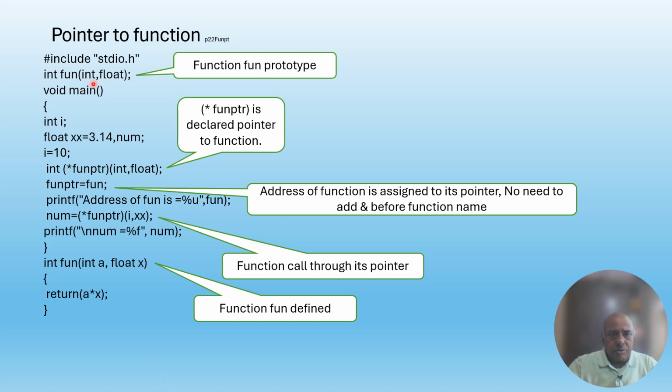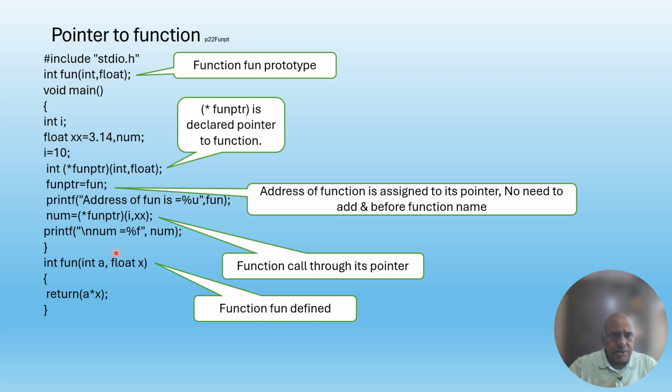So this is a function prototype. This is the function pointer declaration. This is the assignment of the function's address to its pointer. Then this is the function call using the pointer, and this is how the function is defined.